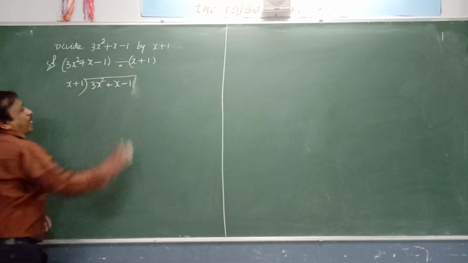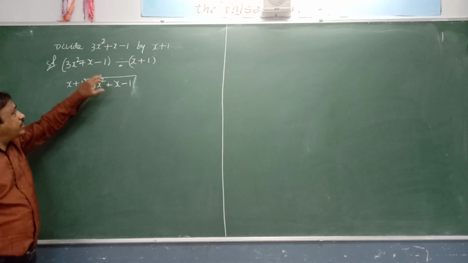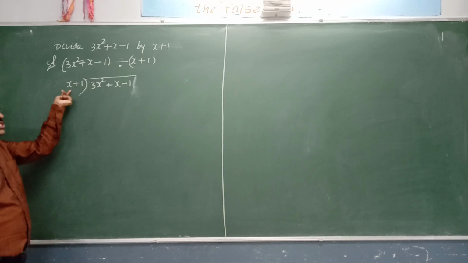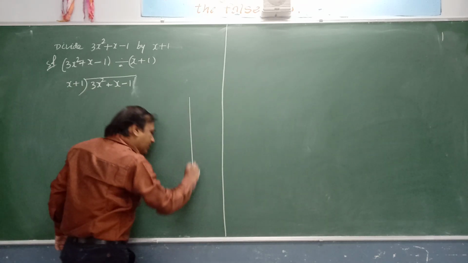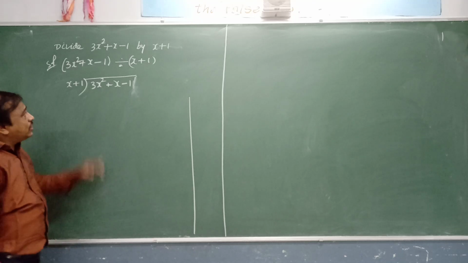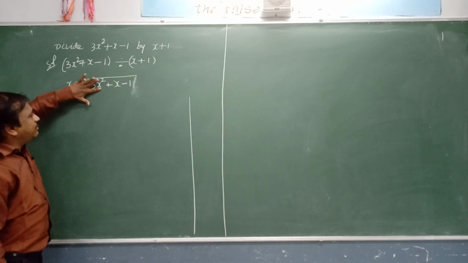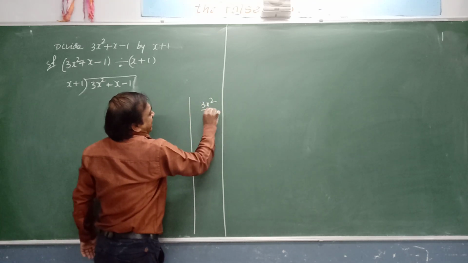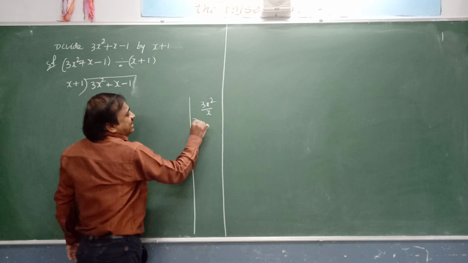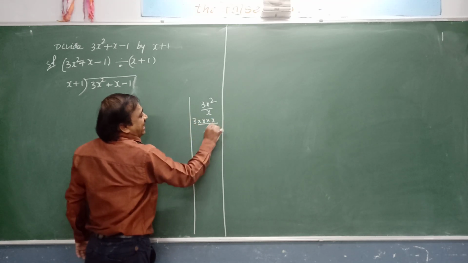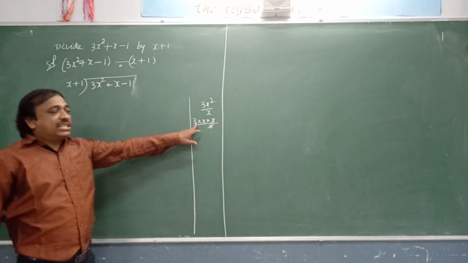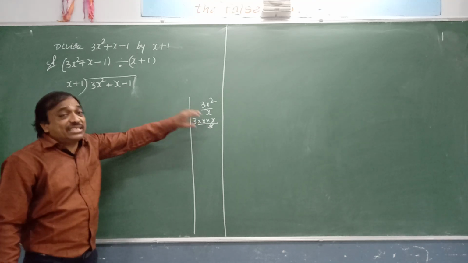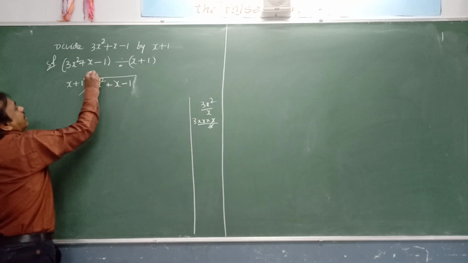Now, to get the quotient, we take the first term of the dividend, 3x square, and the first term of the divisor, and divide them. So 3x square by x, that is 3x into x by x; x cancels, and what is left over is 3x. So 3x is the quotient term.